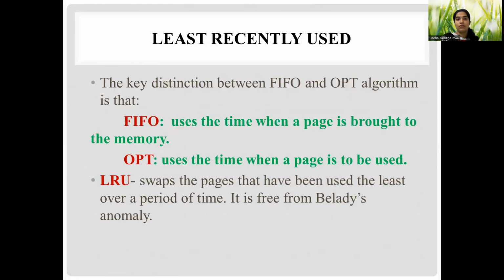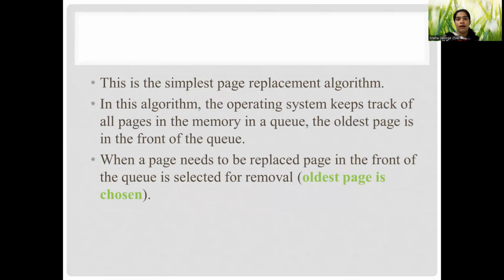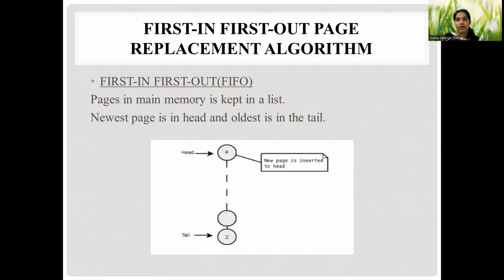So the basic concept: you have to implement these three algorithms for the exercise, that is first in first out page replacement, optimal page replacement, and finally the least recently used algorithm. So you have understood the concept. The basic input for all these algorithms is, first you have to get the number of frames and you have to give a reference string. Based on that, your output should be the number of misses and number of hits. Hope you've understood the concept. You have to implement the program based on this.